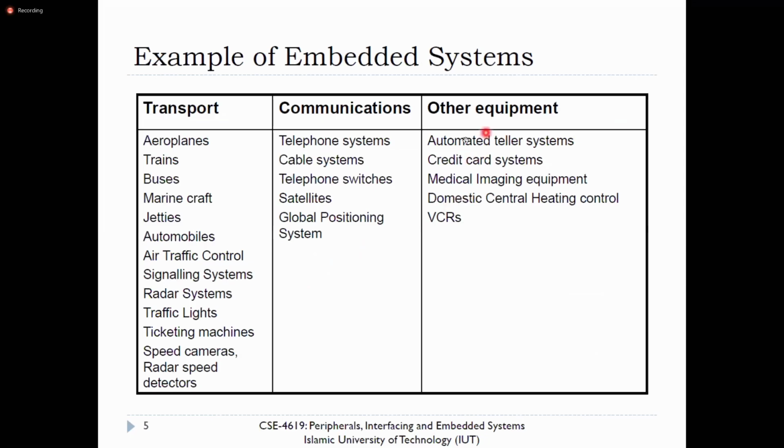And we have some other embedded equipment, like the ATM machines we are using, the credit card systems, medical imaging equipment, and though we are not using VCRs nowadays, the list is made including those devices.